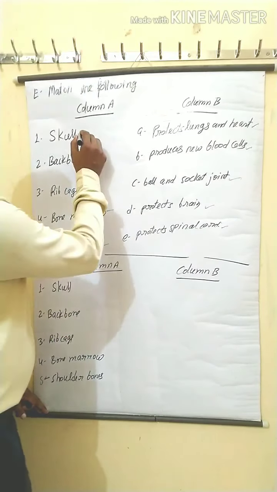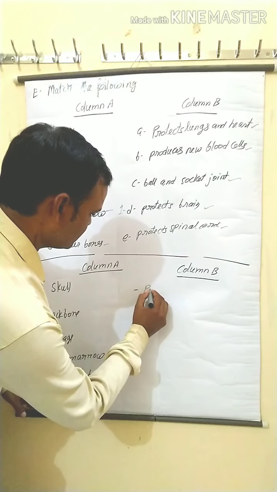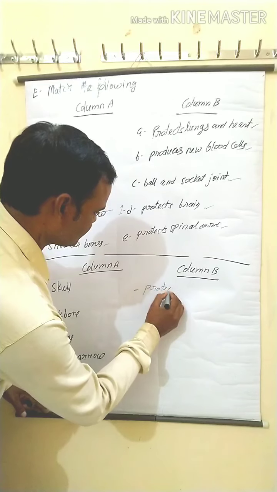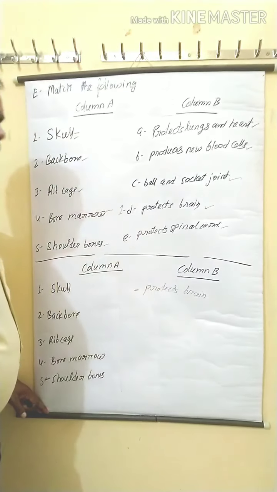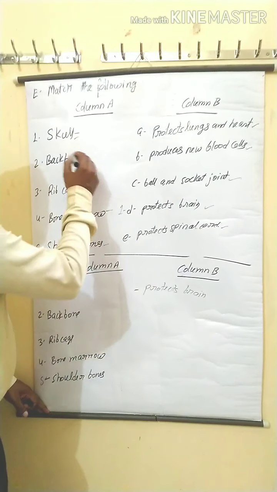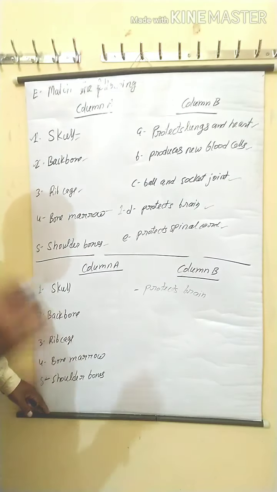First, skull. Skull protects the brain. So first D, in front of skull, right, protects brain. Next, backbone. Backbone protects the spinal cord. E number, protects spinal cord.